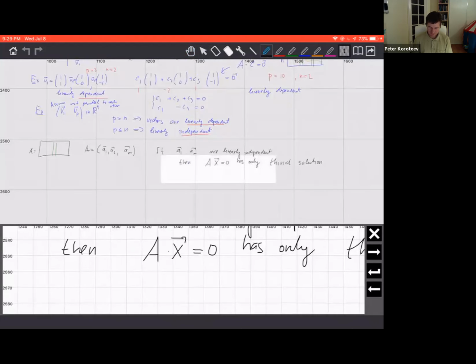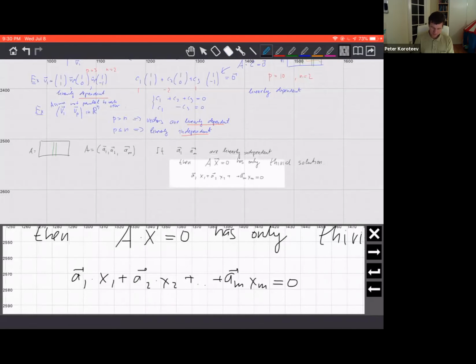Because this equation is nothing but A1 times x1 plus A2 times x2, plus and so on, plus Am xm equals 0.